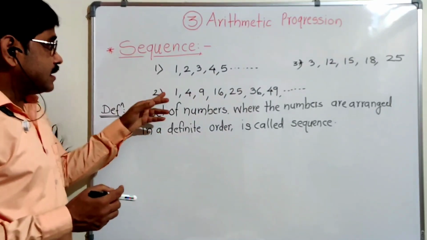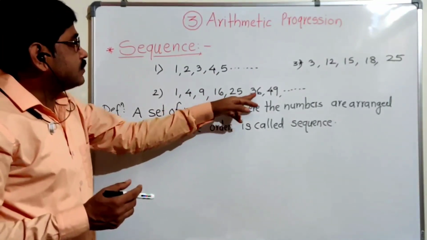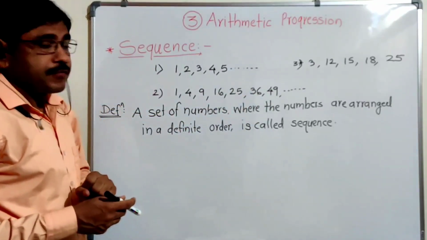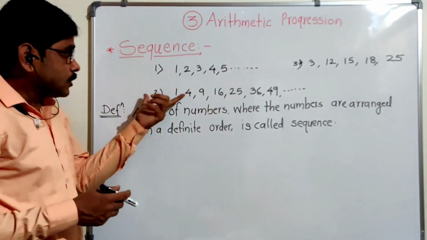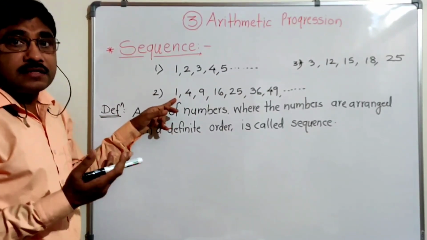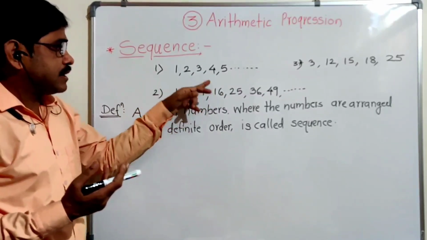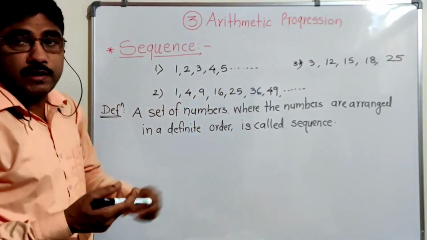Like this, here 1, 4, 9, 16, 25, 36 and 49. Here we can write n square. This sequence is nothing but n square: 1 square, 2 square, 3 square, 4 square, 5 square, 6 square, 7 square.